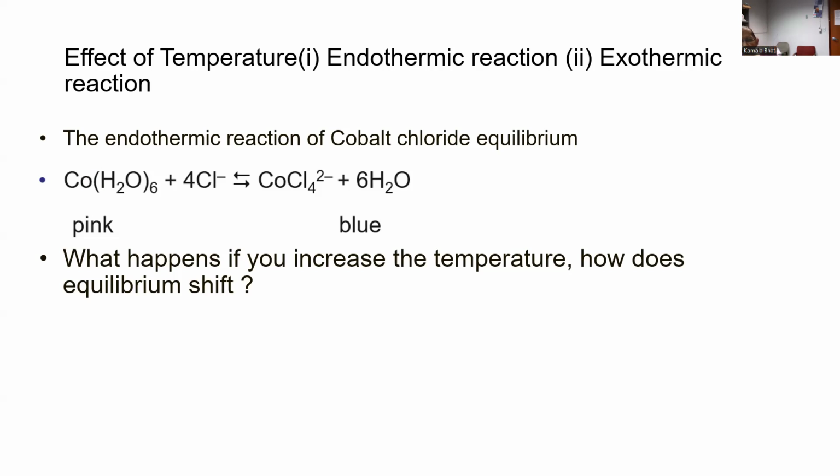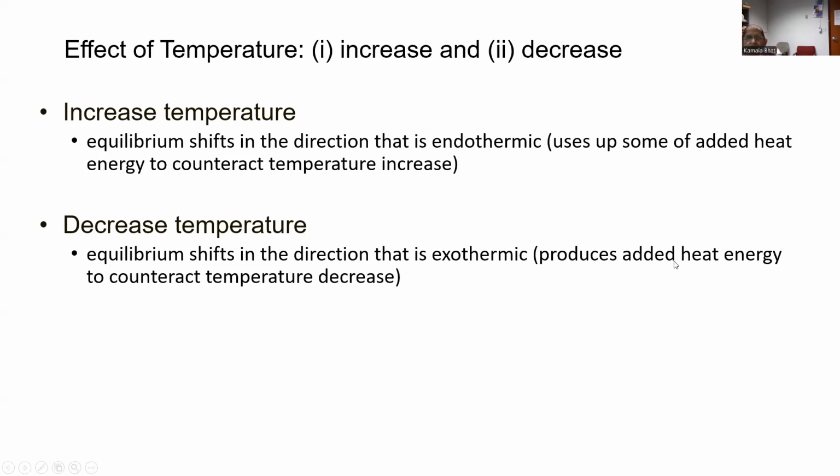Part of the heat energy that you supply is used to counter the rise in temperature. So when you increase the temperature, equilibrium will shift in the direction that is endothermic, because it uses some of the added heat energy to counteract the temperature increase.